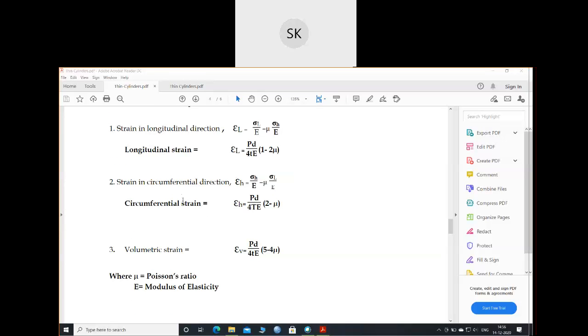Please go through this. Just give me a minute. Go through this formula once.